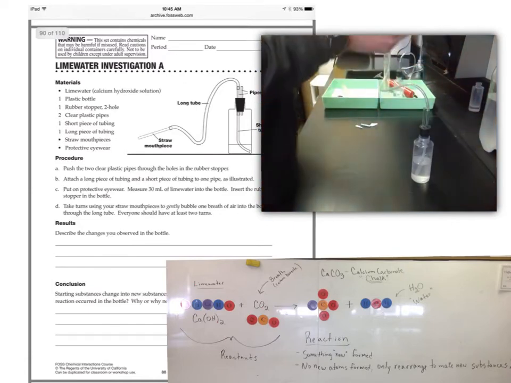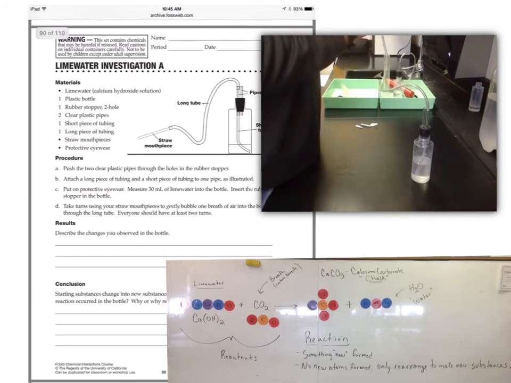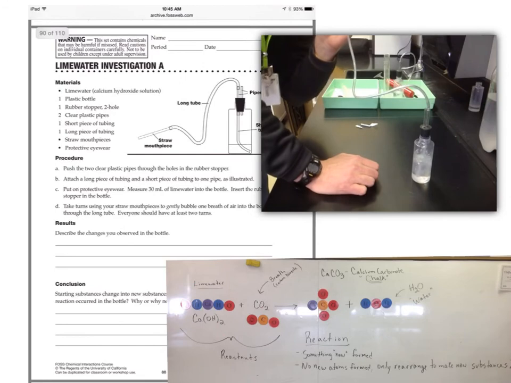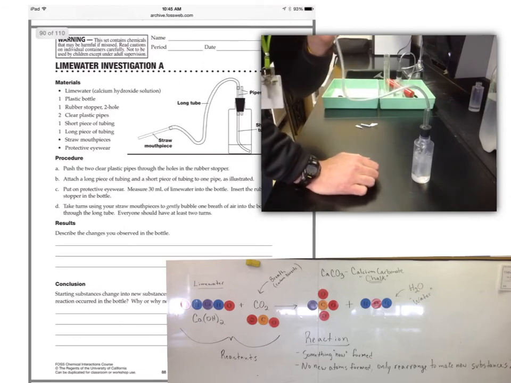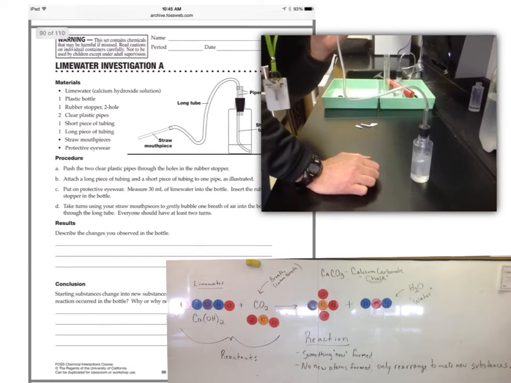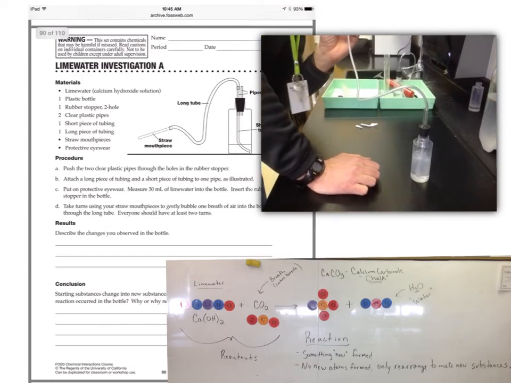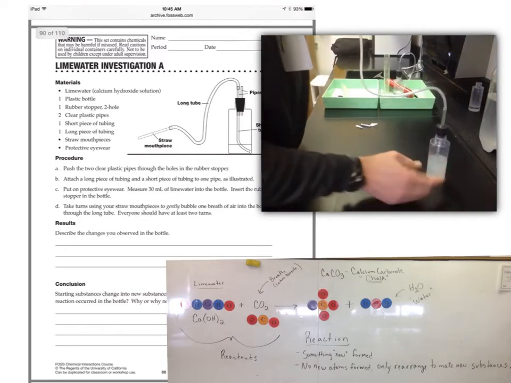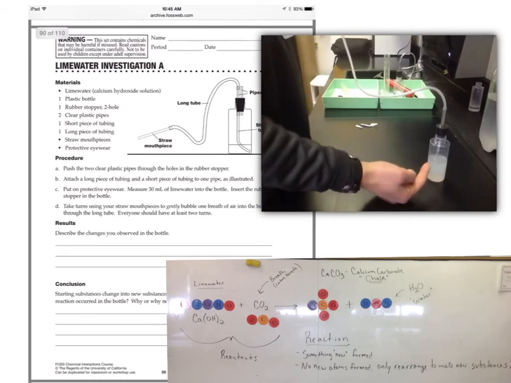So it only takes a minute for this reaction to occur. You can notice already that we're getting a cloudiness to the water.